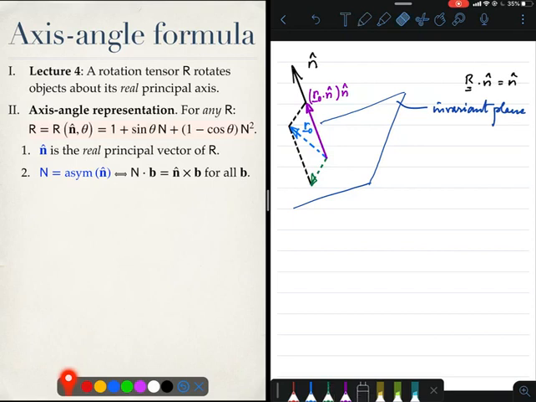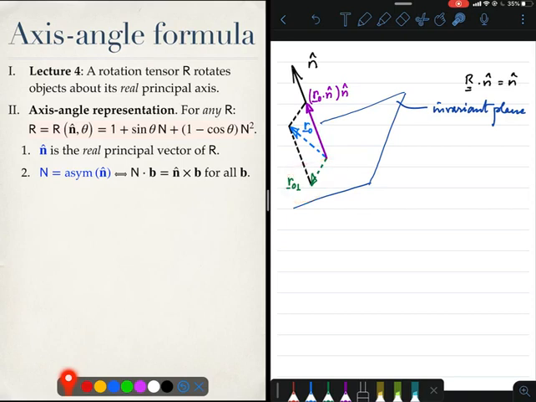So vector R0 in some random direction is projected along the real principal axis as R0 dot n n, and in the invariant plane as R0 perp.